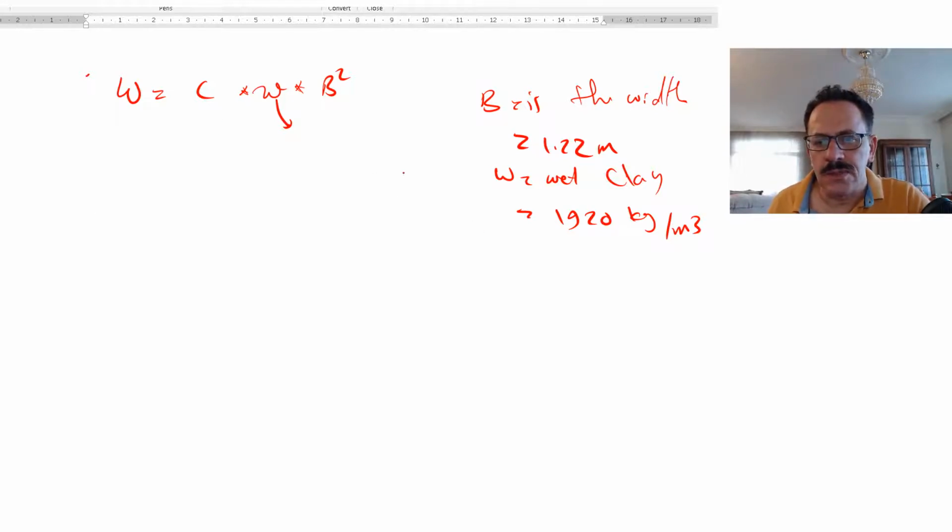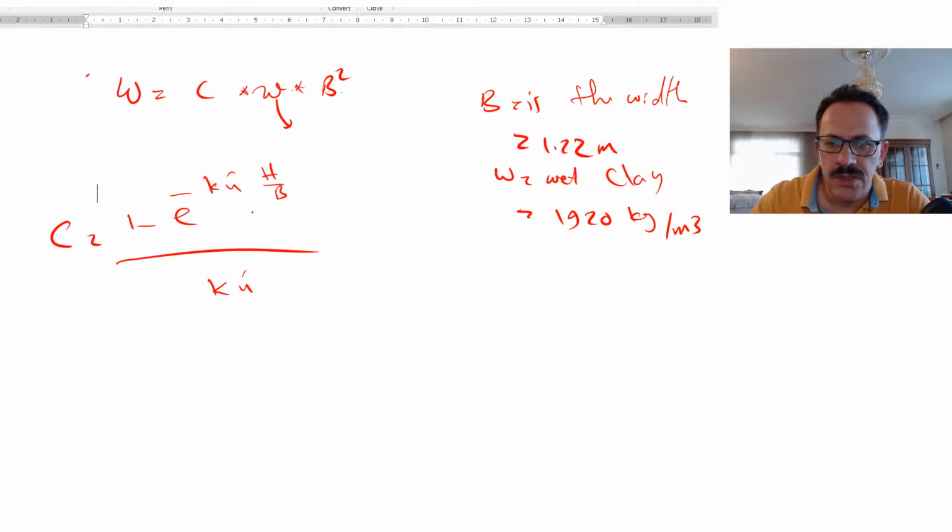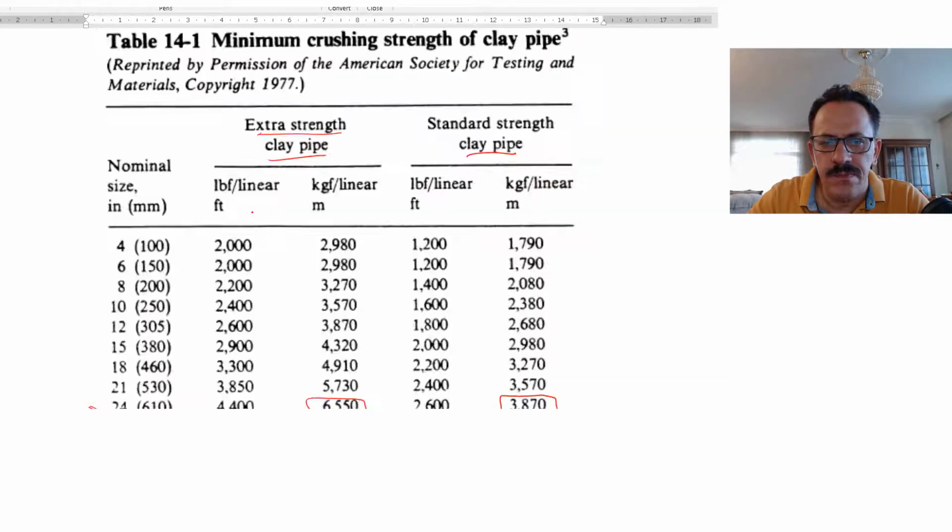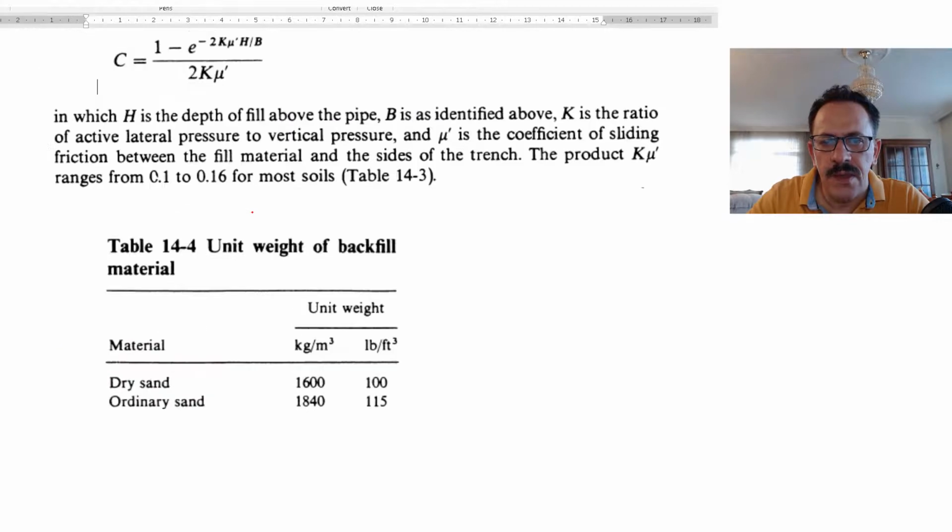Now I have this and this, so what is left is C. C is equal to 1 minus exponential minus 2 Ku bar H over B, divided by 2 Ku bar. Let me check the equation. Yeah, it's 2 Ku bar, not Ku bar.